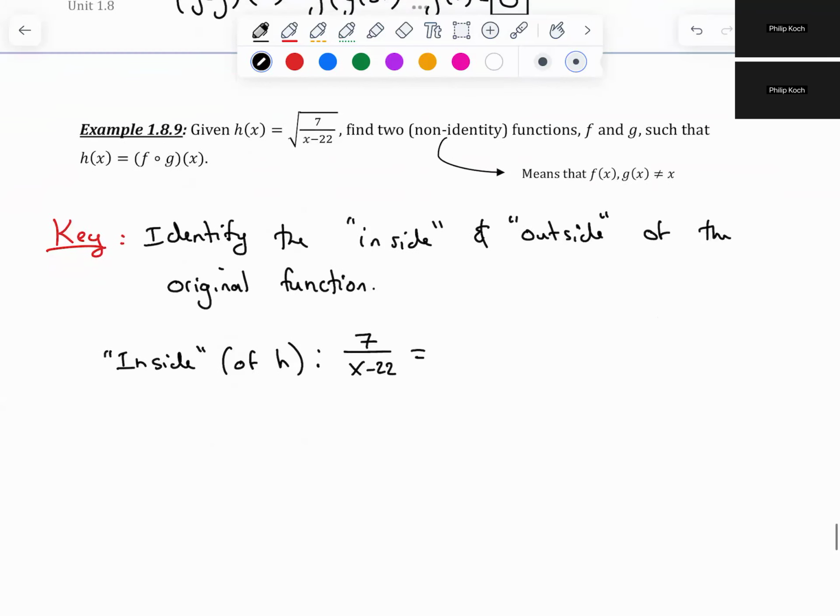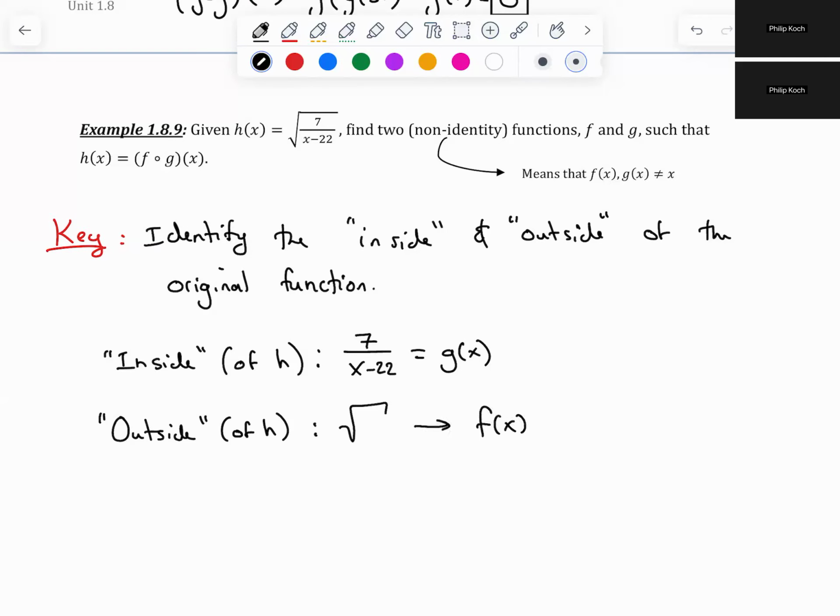So that'll equal g of x. That'll equal our inside function. Remember, since we're doing f composed of g, g is our inside function. And then our outside function, the outside of h, is the square root symbol.